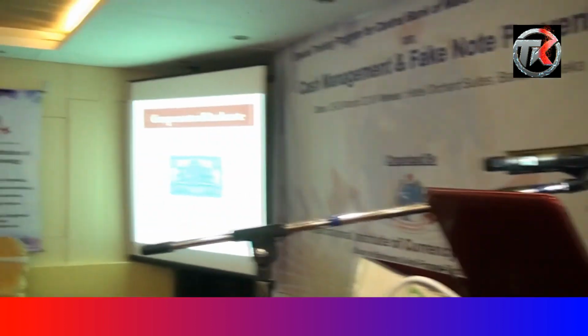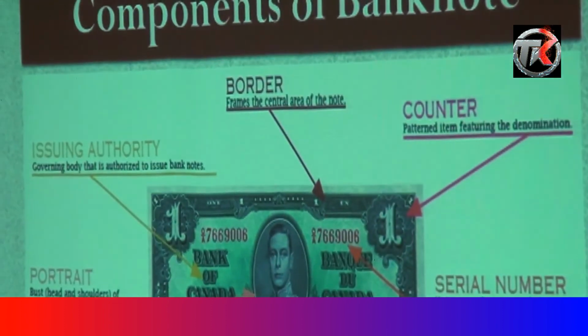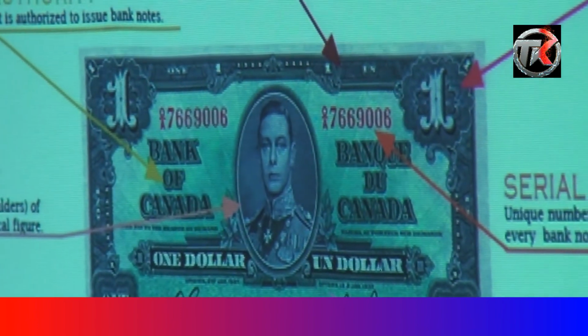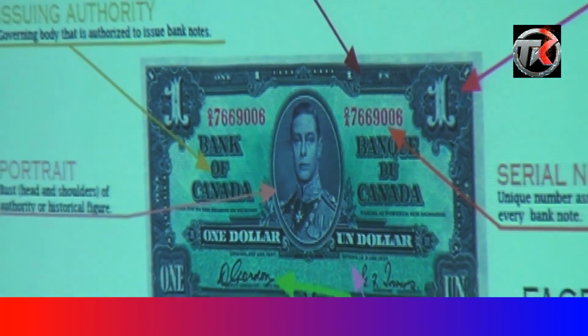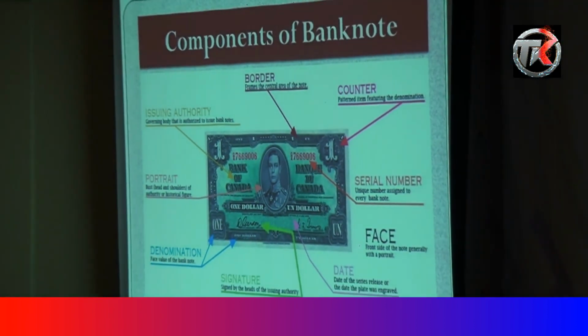I'll show you now a banknote with a few of the features, not all that I could include. These are the features on a banknote. All the banknotes have these features.